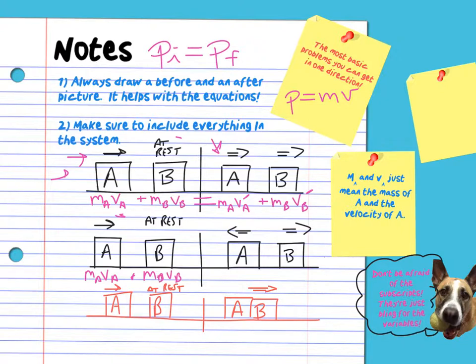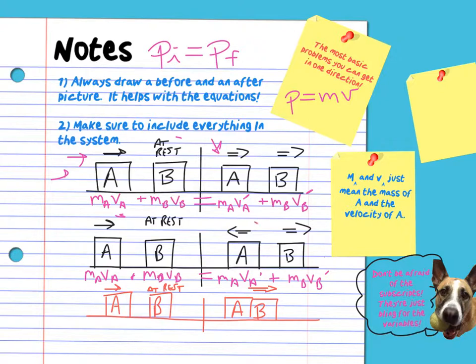And over here we are going to end up writing the same equation as well. And because we know that the momentum before the collision of the system is equal to the momentum of the system after the collision, we could put an equal sign here.